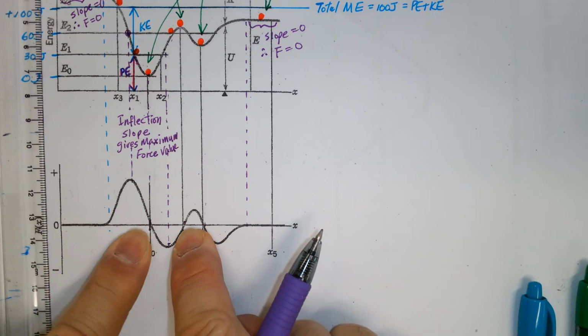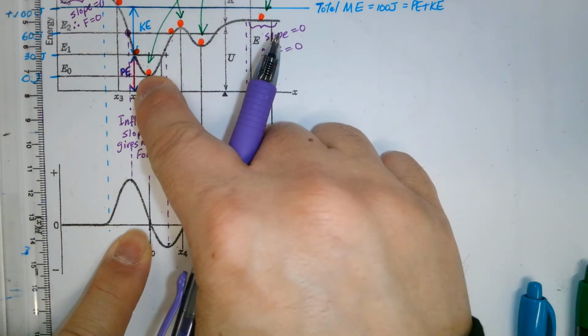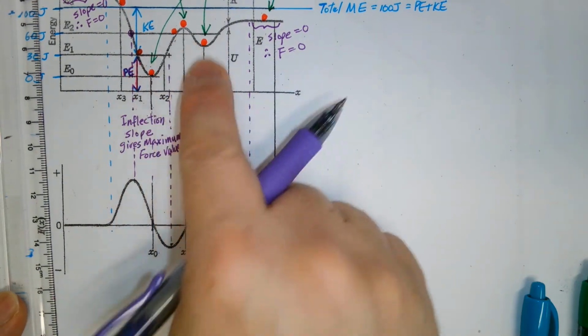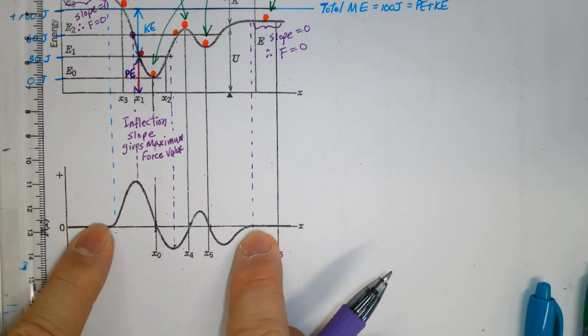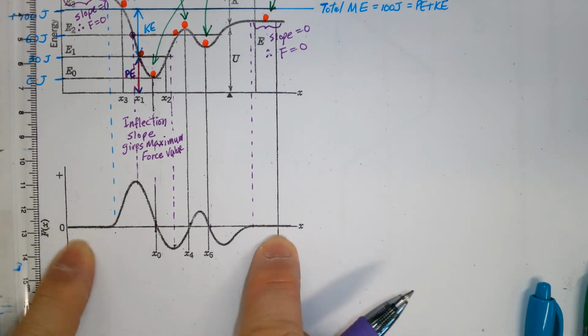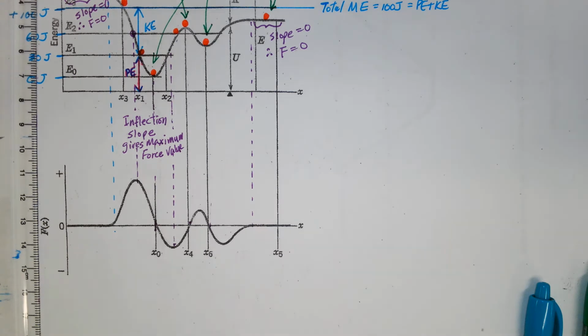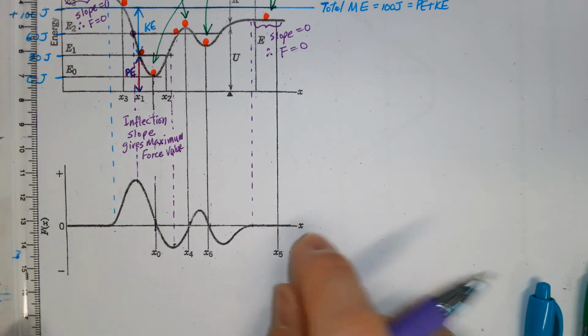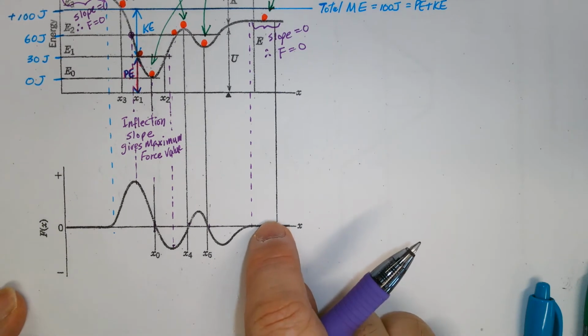These are all 0 slope values. Cool? It's very important to understand that.